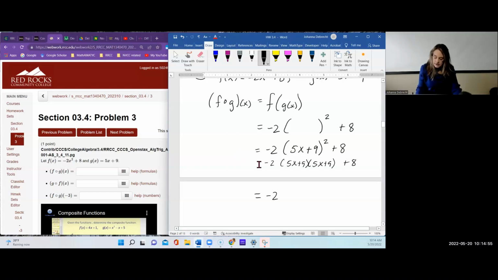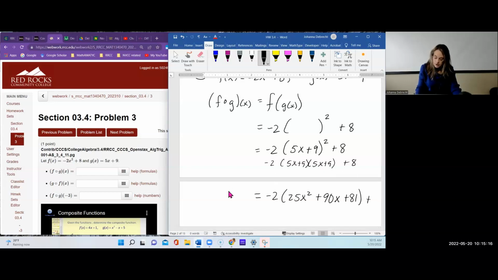This is going to give us a 5x times a 5x, or 25x squared. On the outside, 5x times 9 is 45x. We get another 45x for the middle, and that gives us a combination of 90x for the inside. 9 times 9 gives us a plus 81.